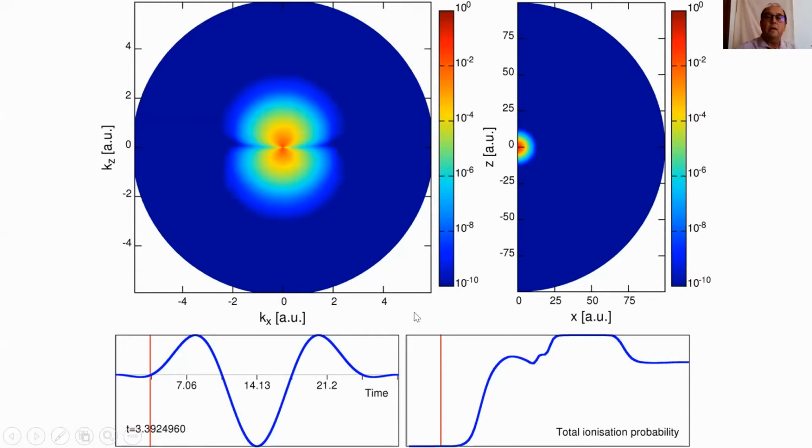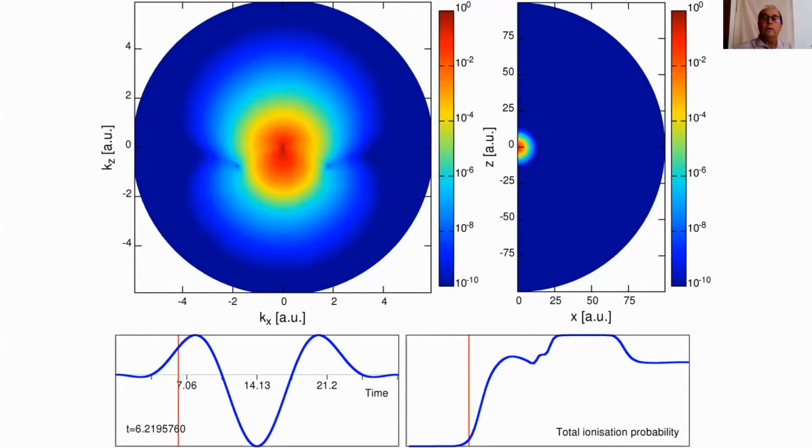At the beginning of this pulse, where the intensity of the electric field is very low, the total ionization probability is practically negligible. And you see that we practically have a dipole-like structure of the electron probability. This is because here one-photon ionization dominates.